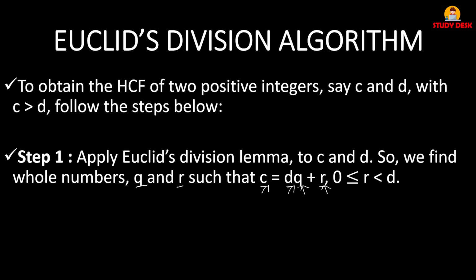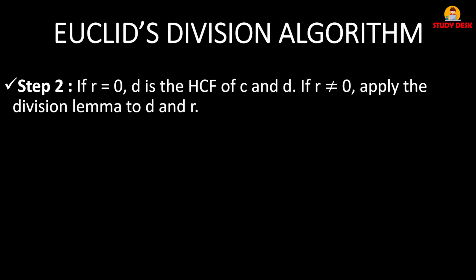The condition followed here is R is greater than or equal to 0 and less than D, which means the remainder is greater than or equal to 0 and less than the divisor. Step 2: if the remainder R is equal to 0, D is the HCF of C and D. If the remainder is not equal to 0, apply the division lemma to D and R again.